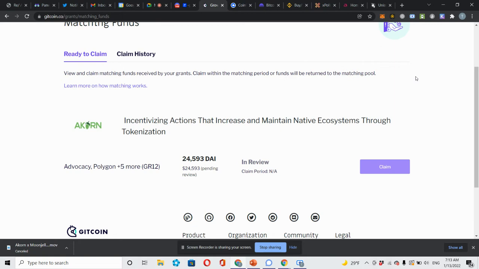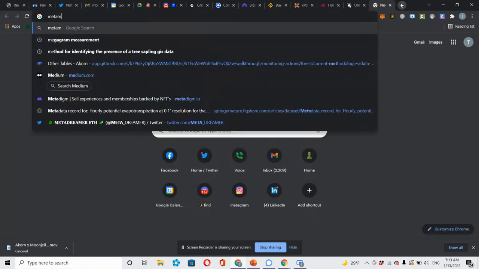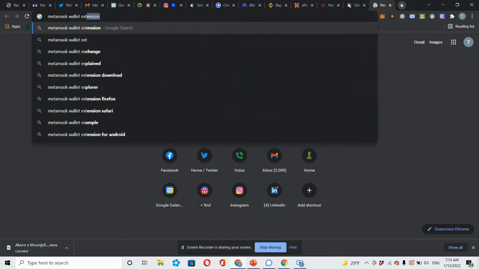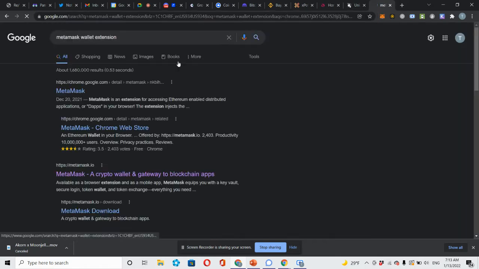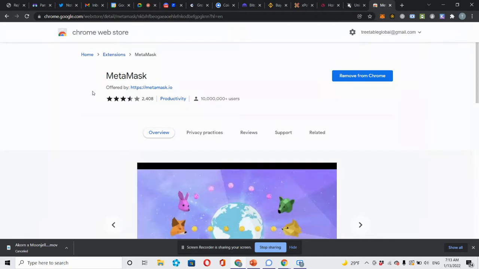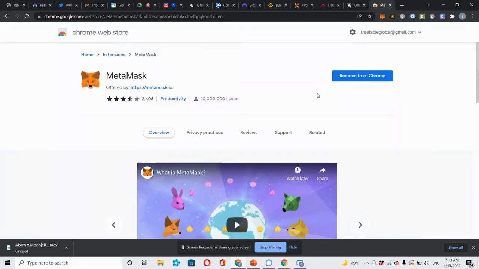So those are browser extensions that you just search for, MetaMask Wallet extension, and then you'd get these details and install on Chrome or whatever browser you're using.